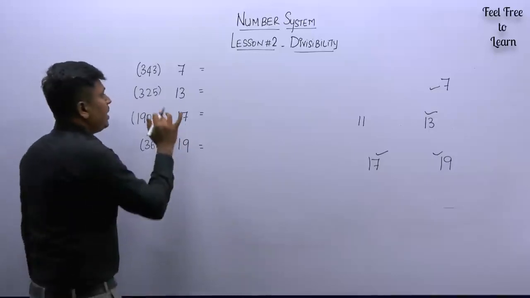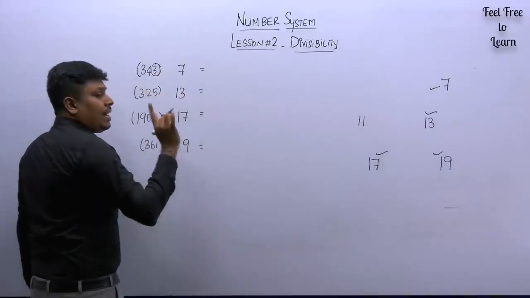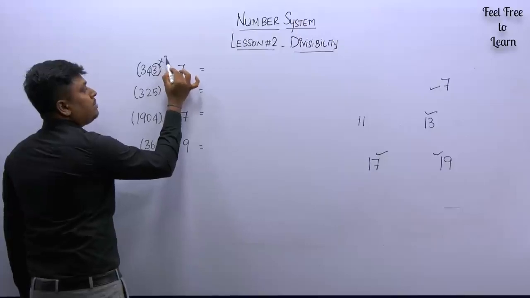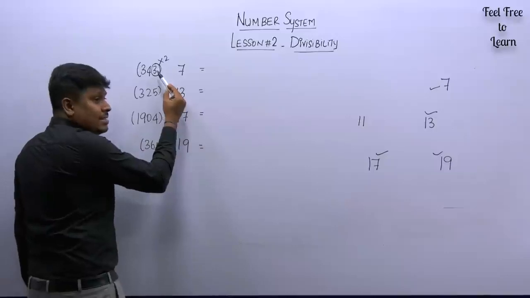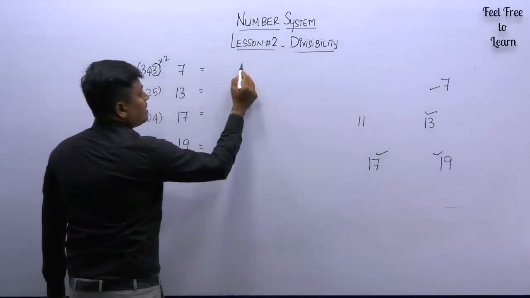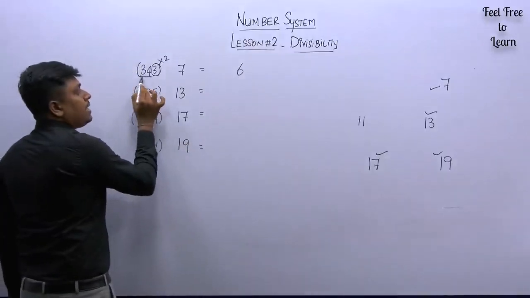What you need to do here is concentrate on the last digit. The last digit is 3 here. Listen carefully: you need to multiply the last digit of the given number by 2. So 3 into 2 is 6. Now the remaining numbers are 34.